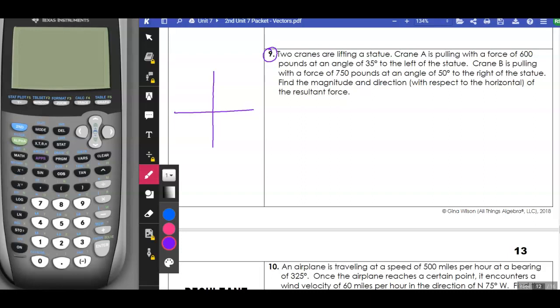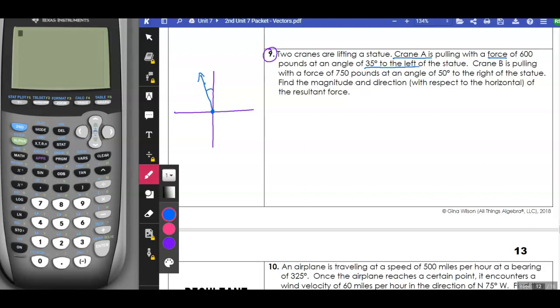In which quadrant can we draw the vector that represents crane A's force? If it says 35 degrees to the left, what quadrant should I draw that vector? Yes, quadrant 2, right? If the statue is here on the origin, to the left of that statue would be in quadrant 2.